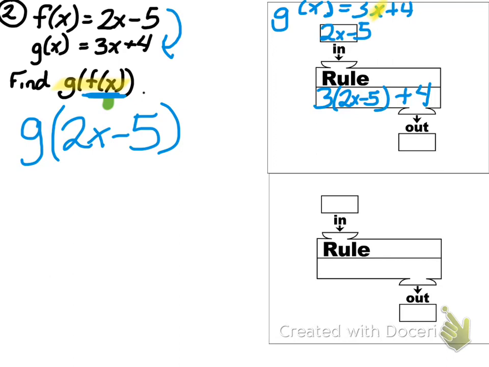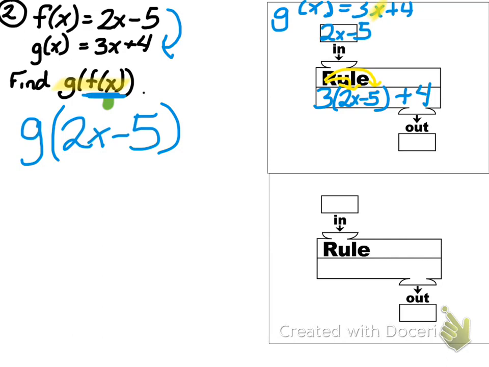We're going to have to use our distributive property to help us solve this, and I am just going to show the scratch work right below it. We are going to distribute that 3 through the parenthesis.